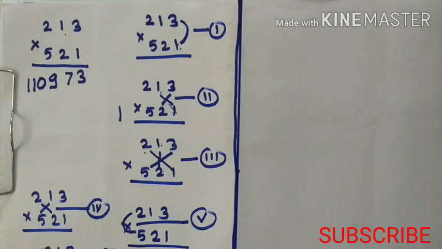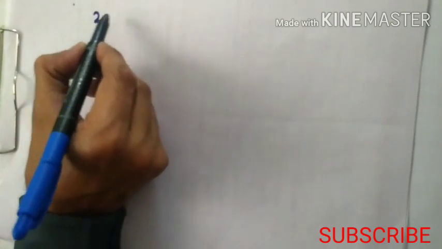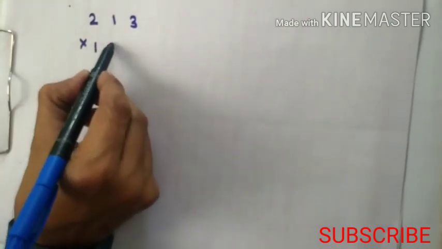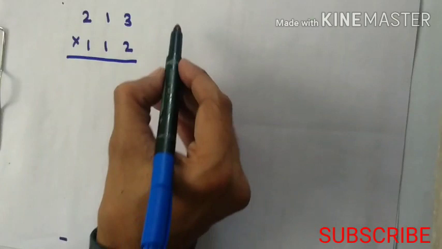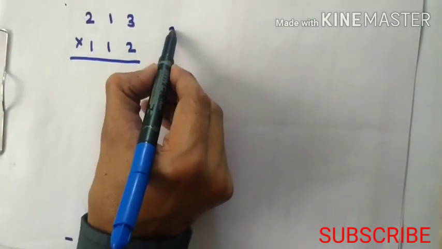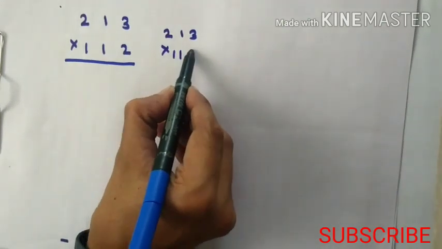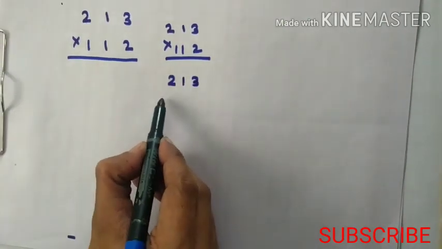Take the photocopy. So start. Second example, 1213 into 112. We know that you are familiar. I am writing the same question 5 times for your better understanding.